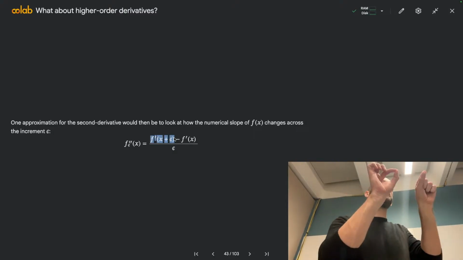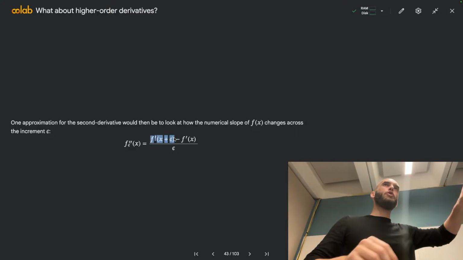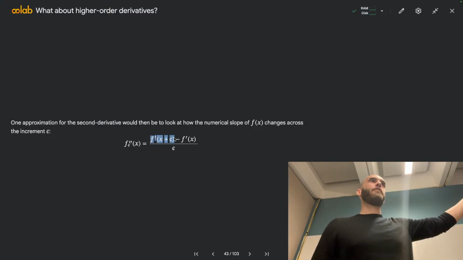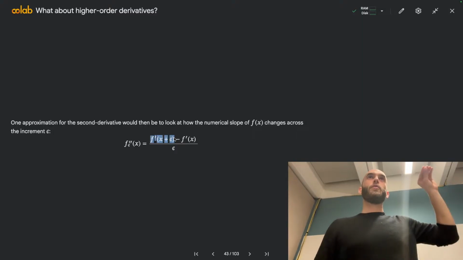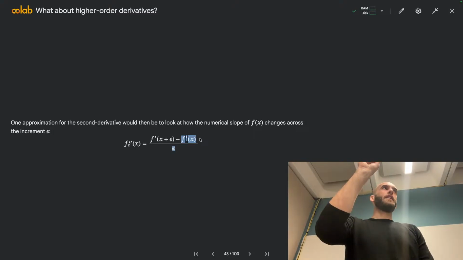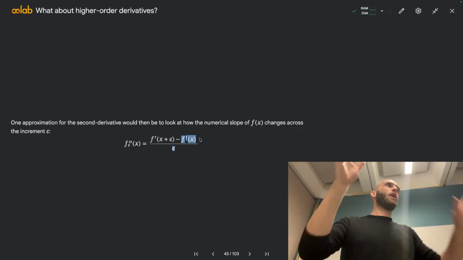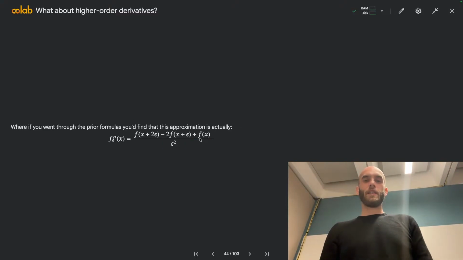So we have f of x plus 2 epsilon minus f of x plus the single epsilon. And for this one, we need the increment of f, so we also have f of x plus epsilon. It's a lot to say, but that's how we end up with this too.